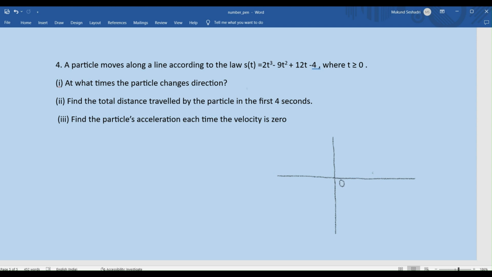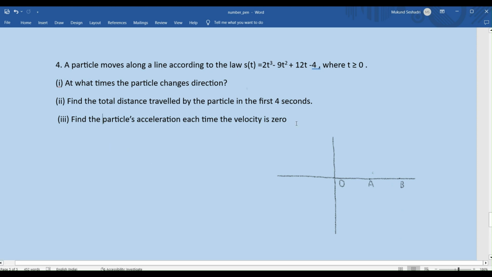This is at 0. And let's define key points. Let's define point A and point B here. I'll probably come back to the diagram a little later.